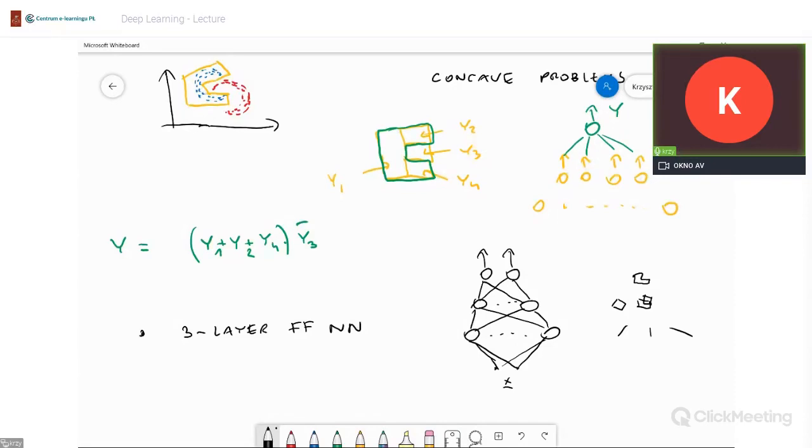What is going on in this network? Basically, the first-layer neurons do what they can do. They can only split a space with hyperplanes. What are the higher layer neurons doing? They are doing something like kind of logic operations.